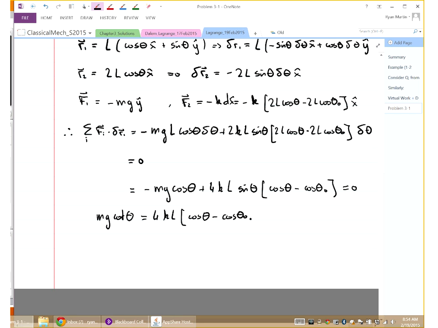So that's got to equal 4kL, now the sine theta is divided out, times cos theta minus cos theta naught. If I want to put all the thetas on one side and the theta naughts on the other side, I have mg cotan theta minus 4kL cos theta equals minus 4kL cos theta naught.